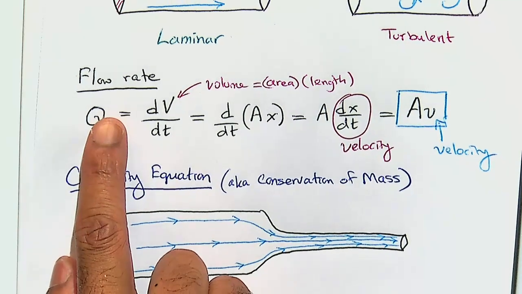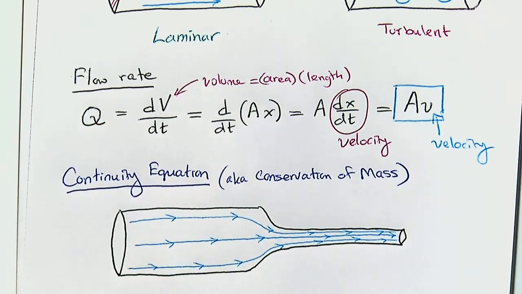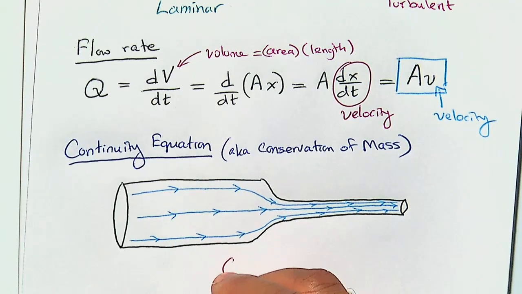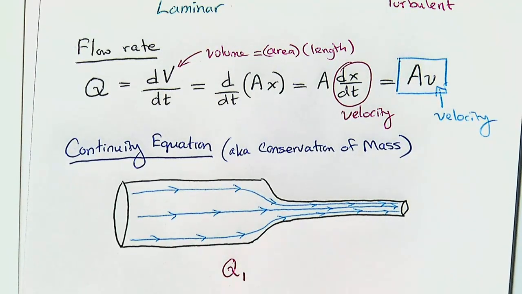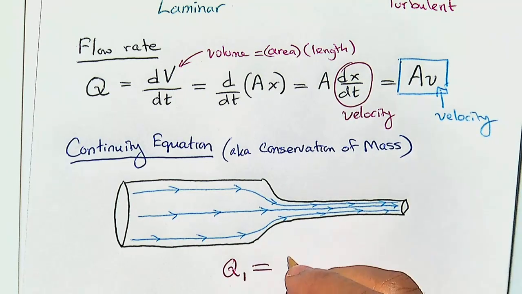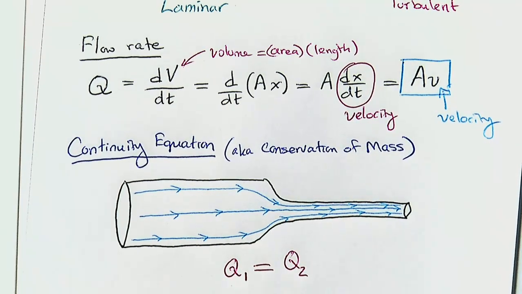So knowing that we have this idea of a flow rate, what can we do with that? The continuity equation says that the flow rate in this first segment should equal the flow rate in the second segment. Think about why.